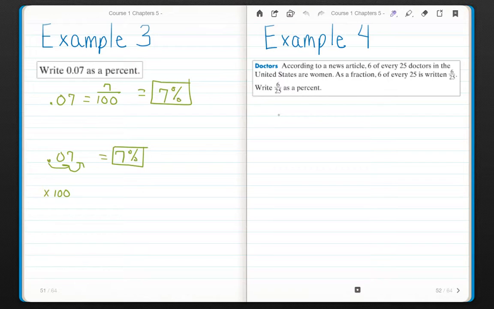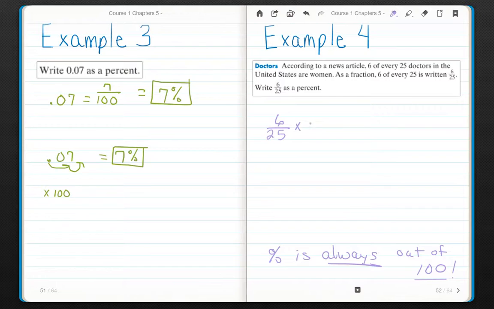So we're going to write the original problem. However, I know that a percent is always out of 100. So my denominator needs to be changed to 100.